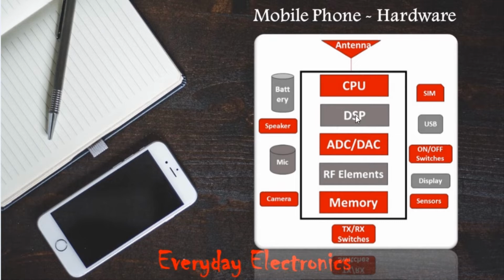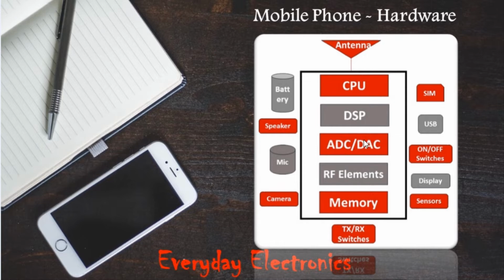Next one, the digital signal processor. It undertakes all the signal processing tasks like radio frequency filtering, signal conditioning, equalization and more. An advanced processor will be used in modern technology mobile phones. So that's about the digital signal processor.